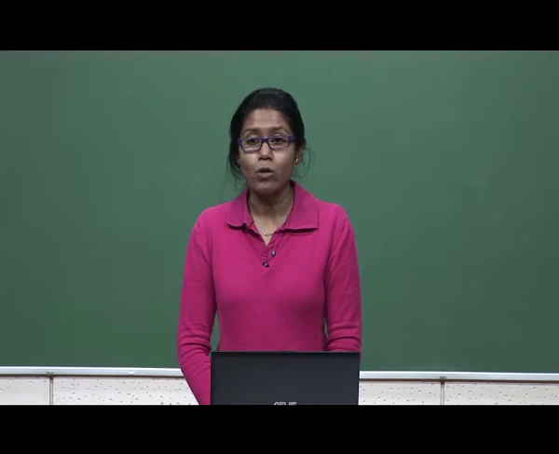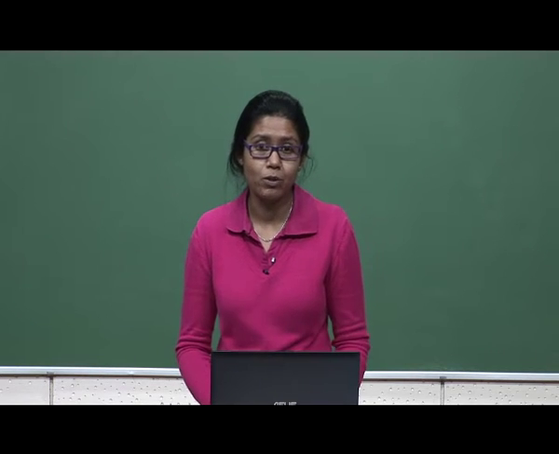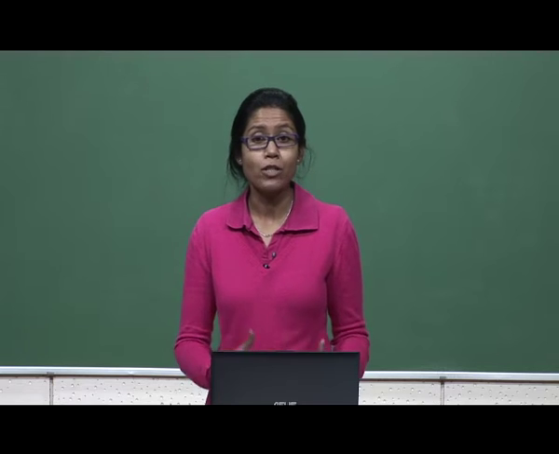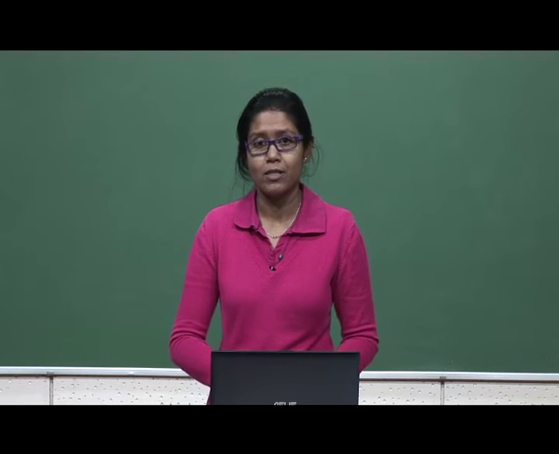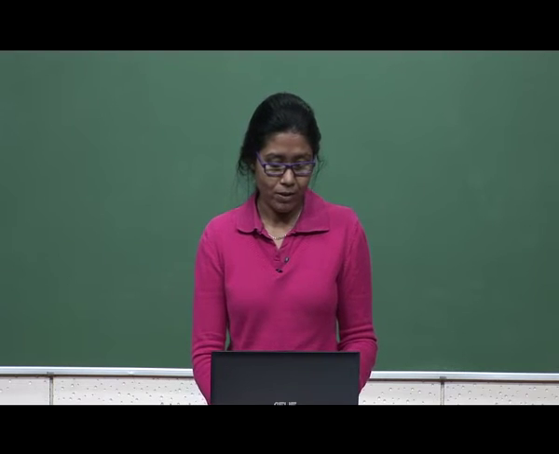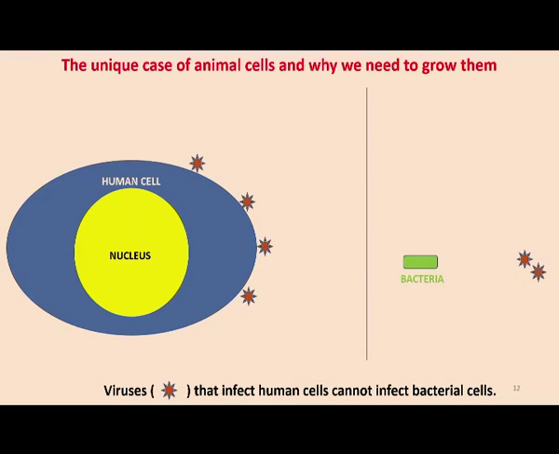So, in order to study how those viruses infect human cells, how they replicate within the human cells, how they are produced in large numbers, and how you can stop their production, you need to grow human cells, right. Viruses which can infect human cells wouldn't infect bacteria.